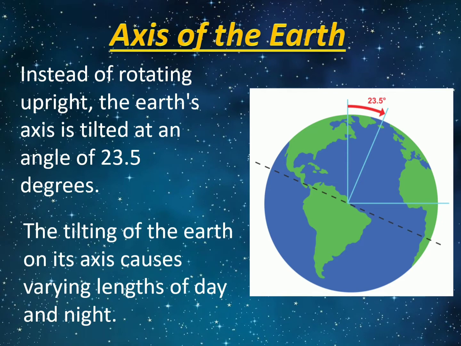You can see in this figure, it is not upright. The Earth's axis is tilted at an angle of 23.5 degrees. The tilting of the Earth on its axis causes varying lengths of day and night.